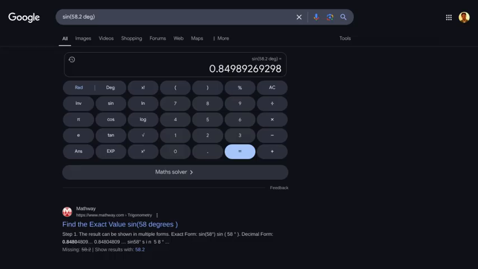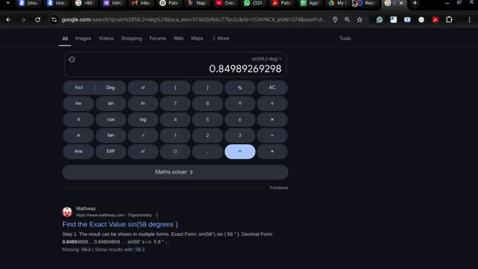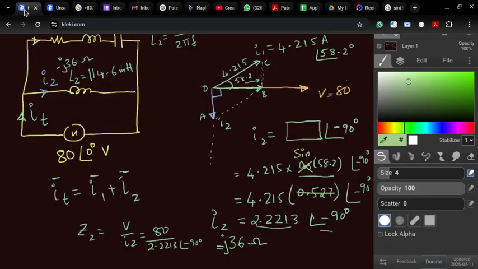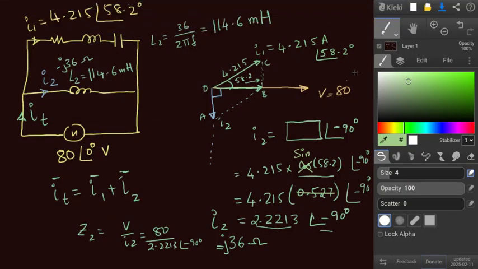So it's actually 0.84, 0.85 I will take. So let's make the corrections. 0.85 here.